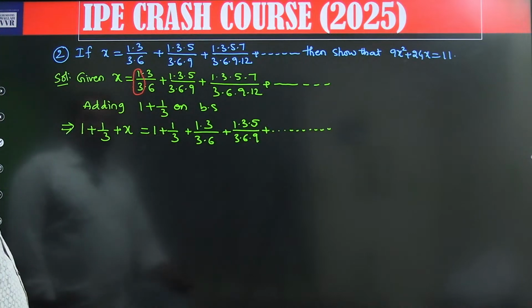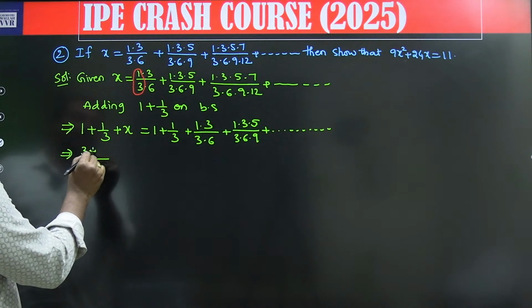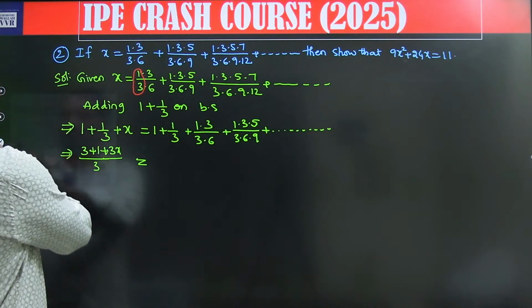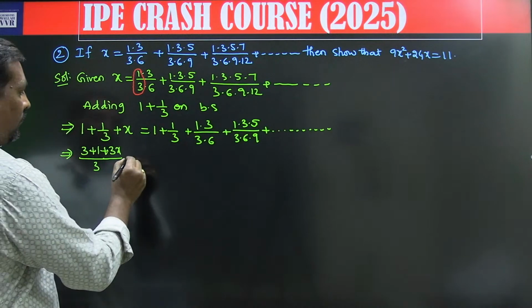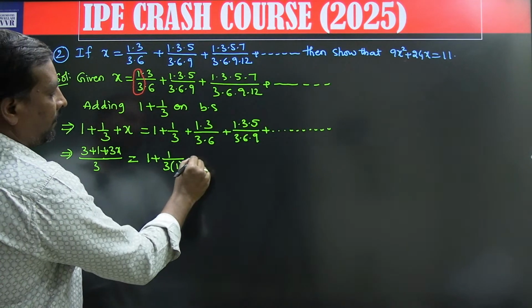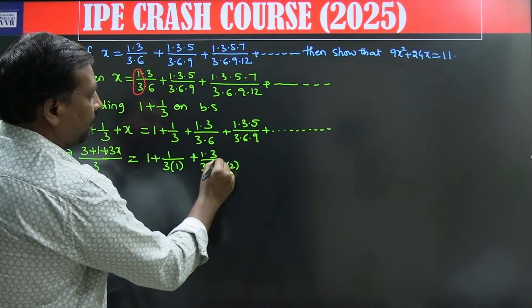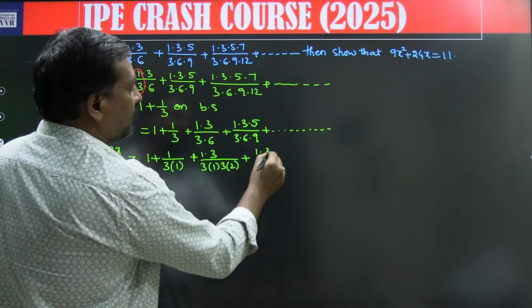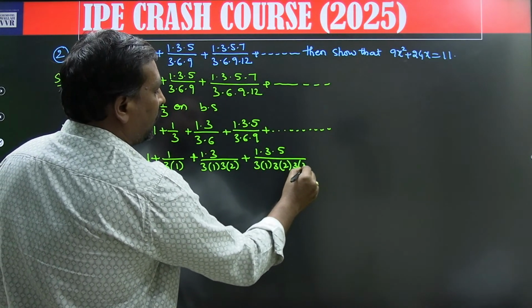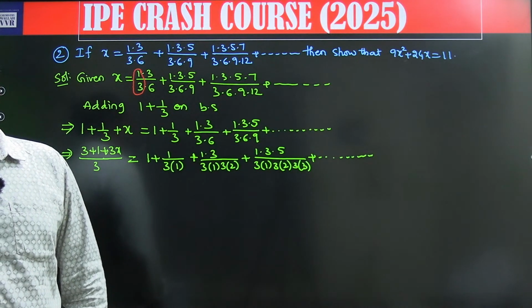So similar to the last problem, here also 3 is the LCM: (3 + 1 + 3x)/3 = 1 + 1/3 + 1·3/(3·6) + 1·3·5/(3·6·9) + and so on, an infinite series.